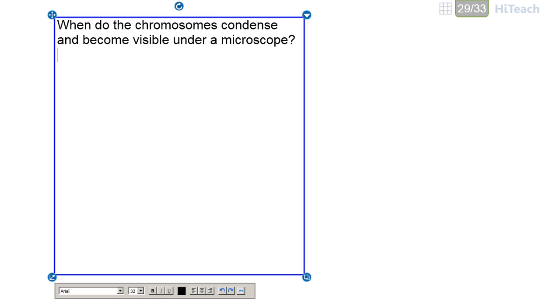Actually, that is in prophase, right? They start to make the X shape, right?